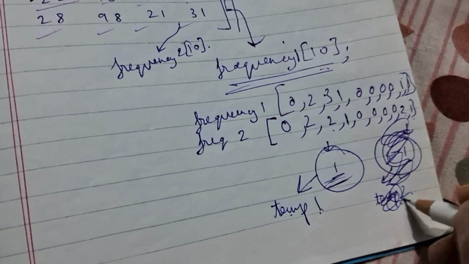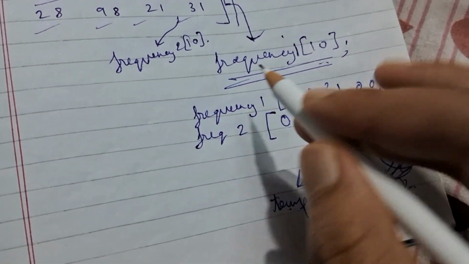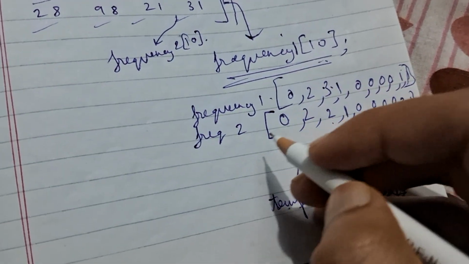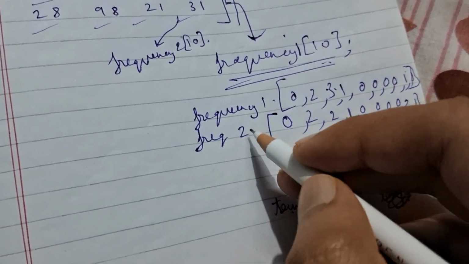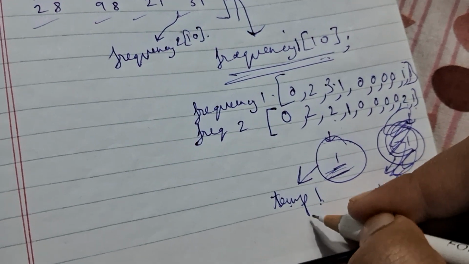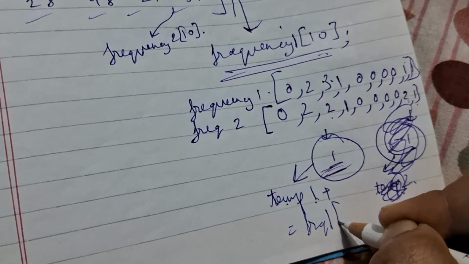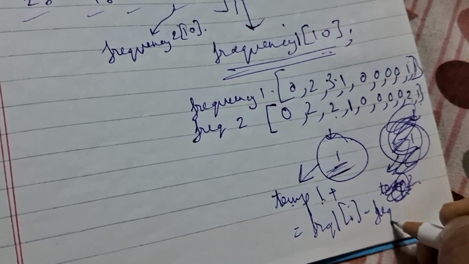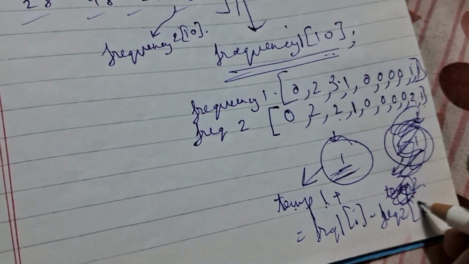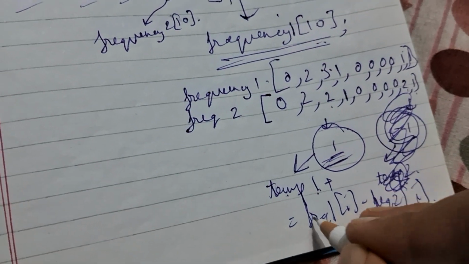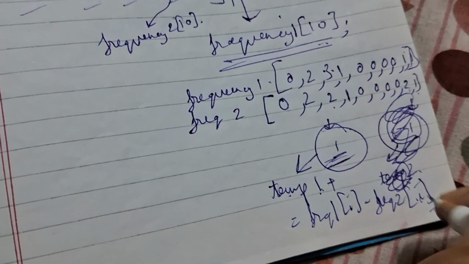So wherever you see that frequency1[i] is greater than frequency2[i], you make temp1 += frequency1[i] - frequency2[i]. We will only do this when it is a positive number, not when it is negative.